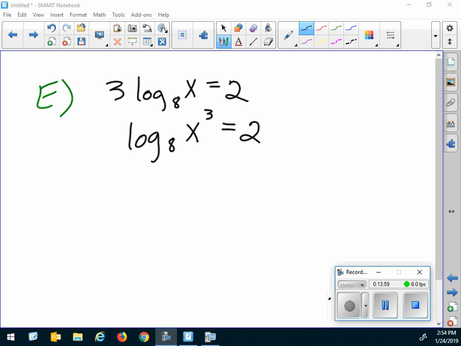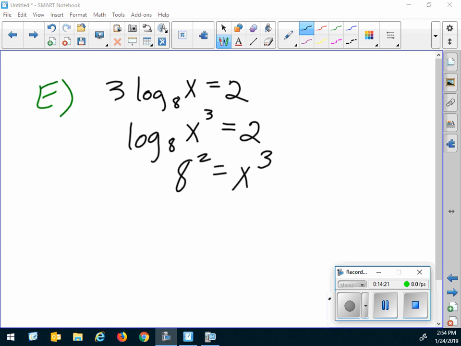Say again. So, let's rewrite this as an exponential. 8 to the 2nd power equals x cubed.